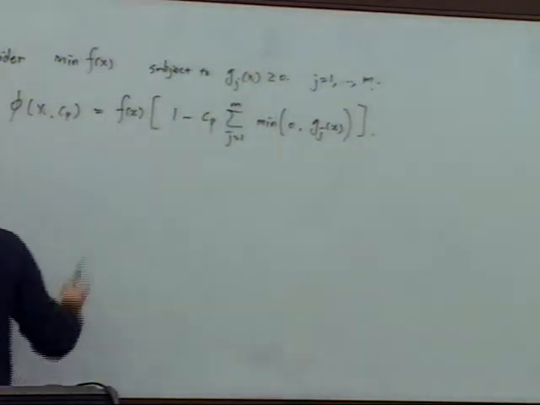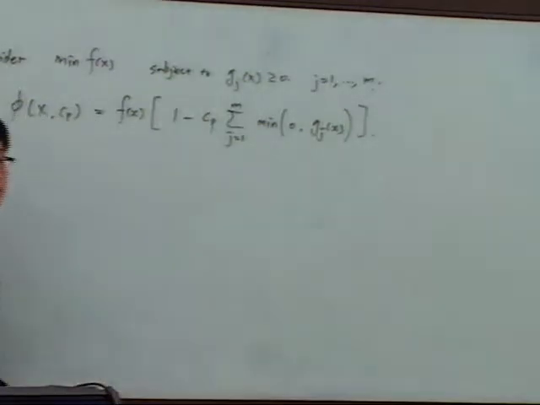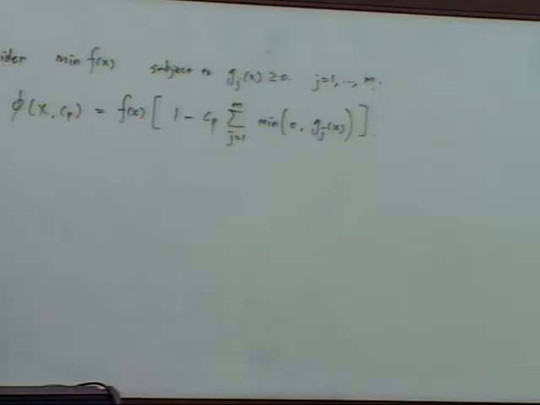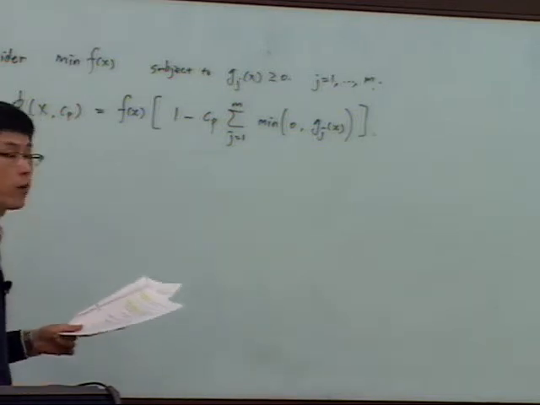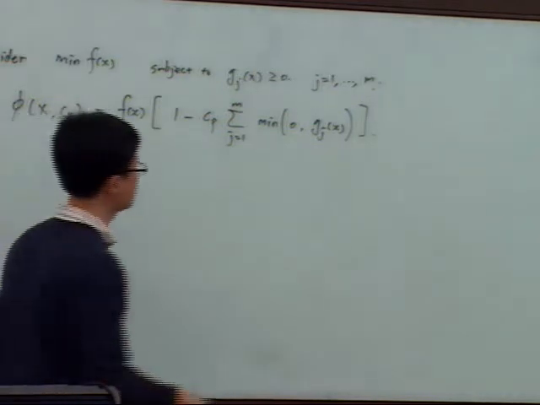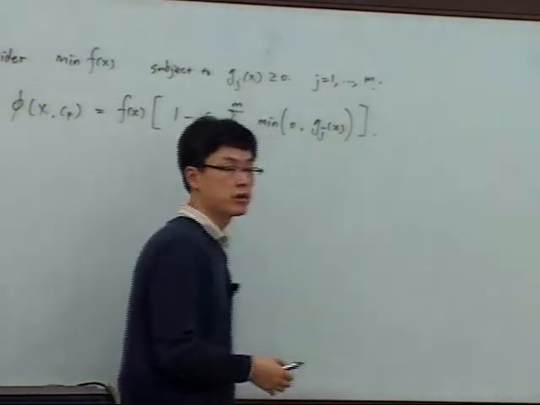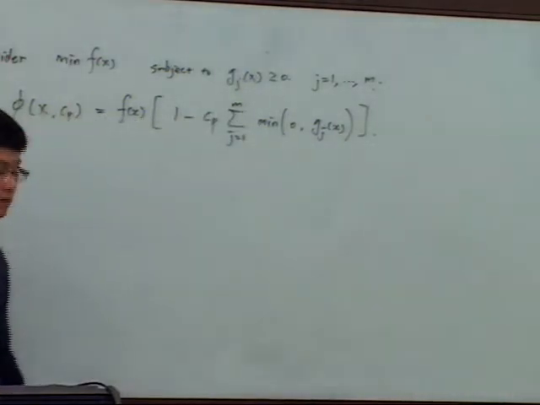If I make this kind of penalty function, it will dissuade the point from going out of this boundary. It's a form of external penalty function, which we covered in Monday's class.